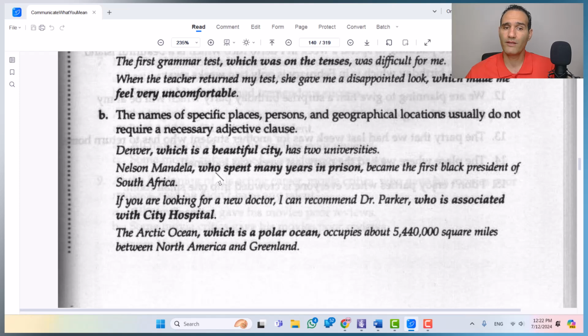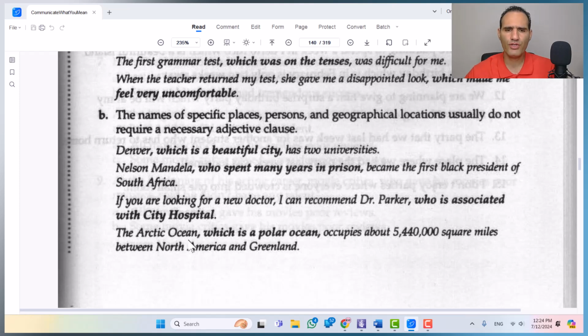We want to say the Nelson Mandela who spent many years in prison, not the one who was, for example, an actor. But we know that there is one famous Nelson Mandela, so unnecessary adjective clause. If you're looking for a new doctor, I can recommend Dr. Parker, who is associated with City Hospital in that town where the speaker and the hearer are talking about. Dr. Parker is a known person.